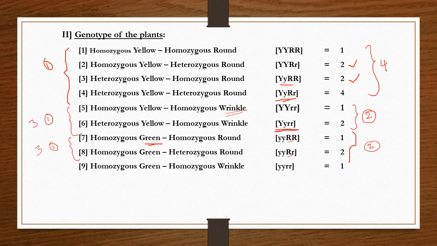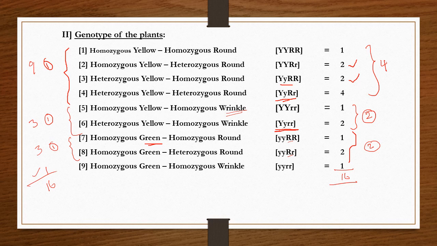If you count all these numbers, you will get a total of 16. Here the recessive plant is 1, and the total yellow round phenotypic individuals are 9. So 9 plus 3 is 12, plus 3 is 15, plus 1 is 16 individuals with 4 phenotypes.